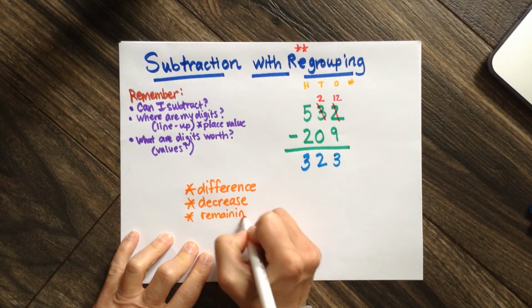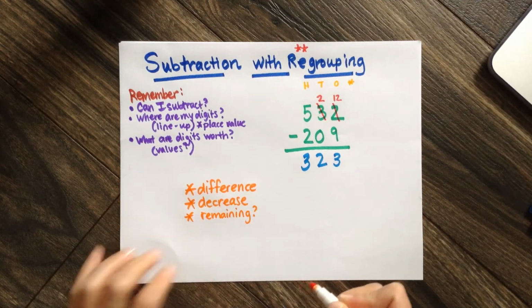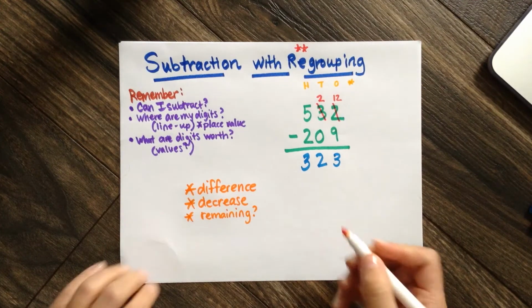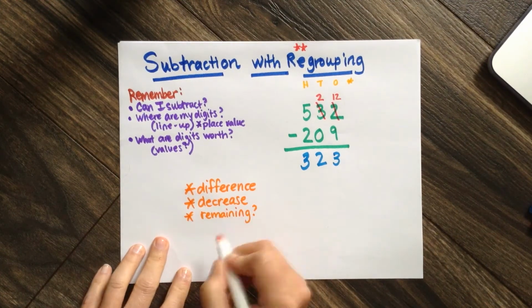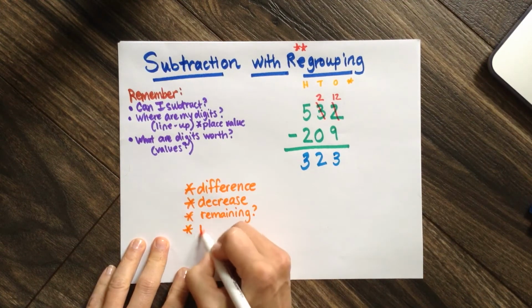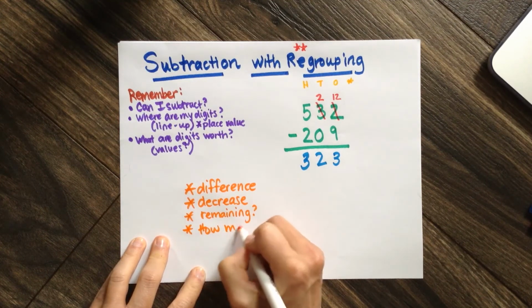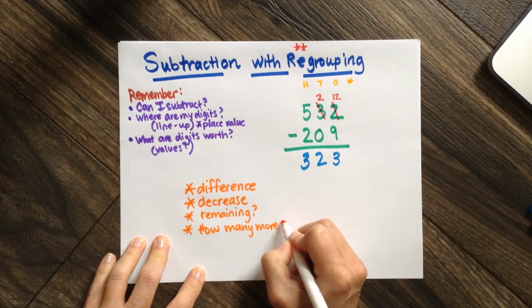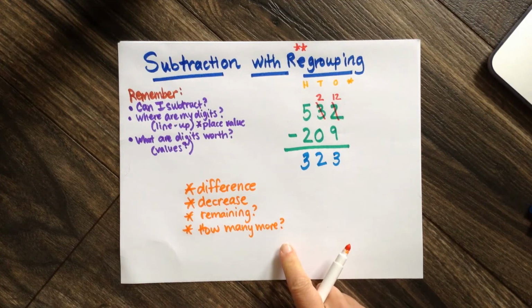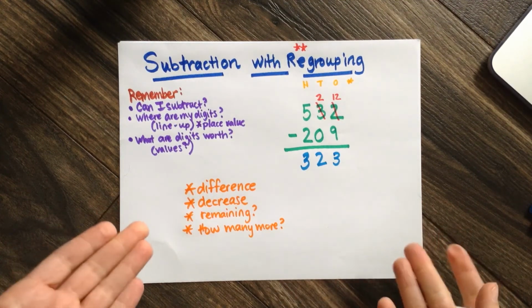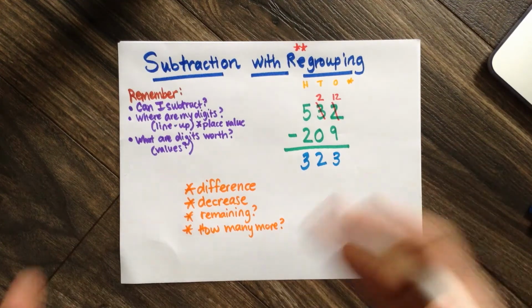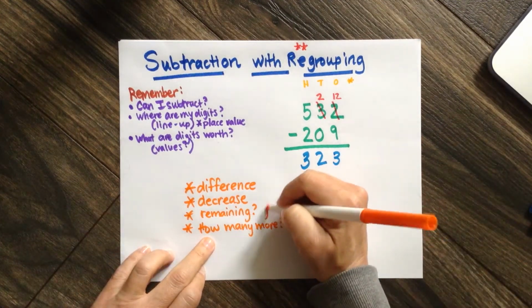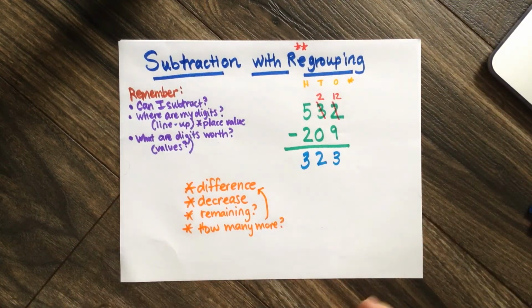So that's something we can ask ourselves, what's remaining. Sometimes we ask, how much more, or how many more? And because the word more is in there, sometimes that gets a little confusing with addition. But when we ask how many more, we're looking for a difference.